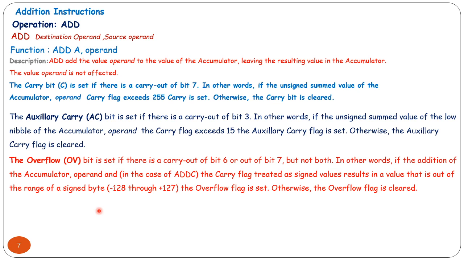Again, we saw which flags get affected when an arithmetic instruction is executed. In the next video lecture, we are going to discuss the details of all these instructions, instructions 1 to 8, in detail.